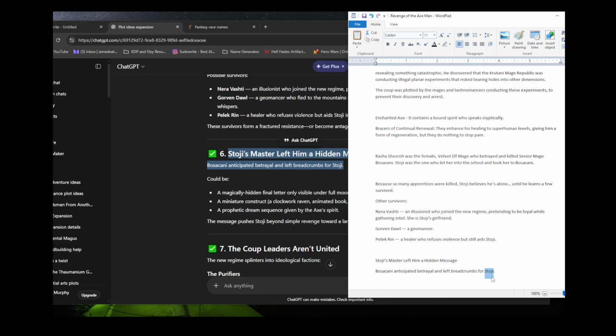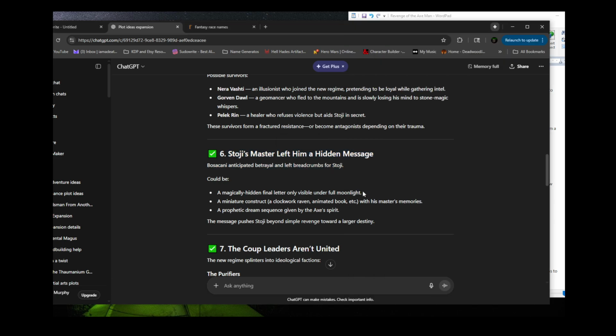Not necessarily for Stoji himself, for any surviving students. Onto Stoji because of the artifacts. So that gives it a reason why it goes to him.